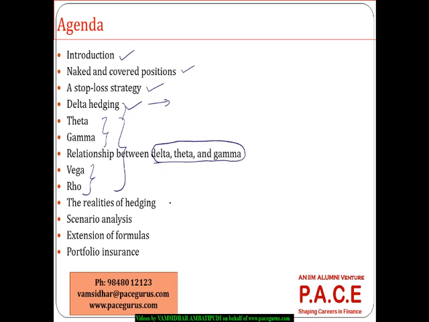And after that we will get into the process of understanding the realities of hedging, performing a scenario analysis. What does that mean? Then we will try to understand this using a stock which is non-dividend paying. Right?